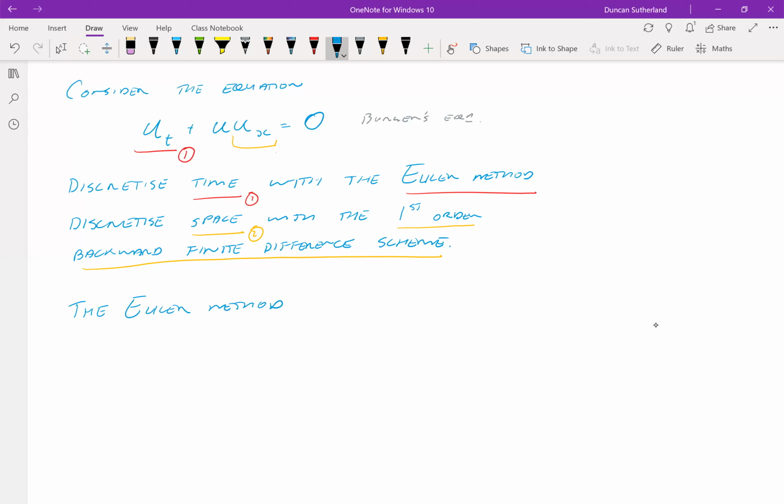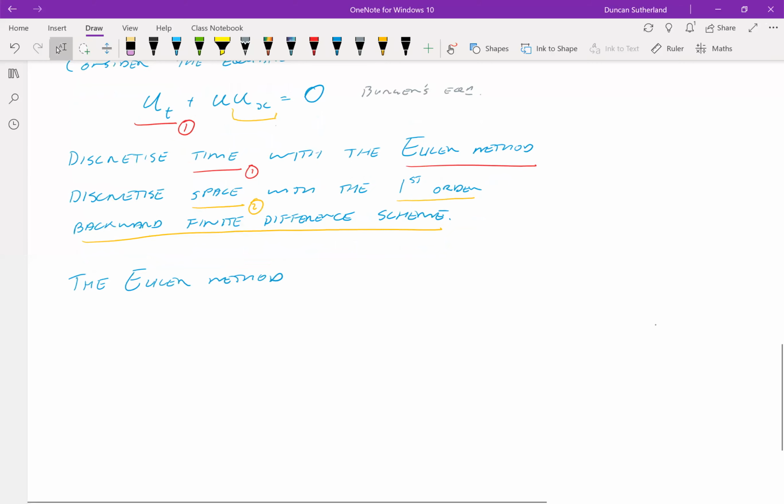The Euler method is a way of handling ODEs, right? So if we think of this as an ODE in time, we can write this, right? So that's our time derivative on one side.